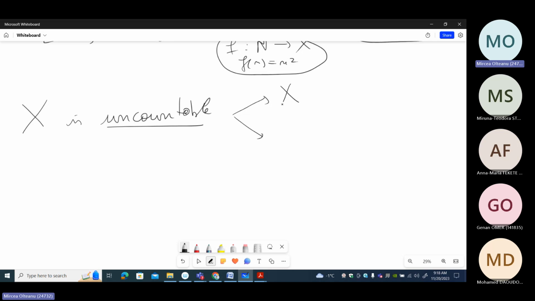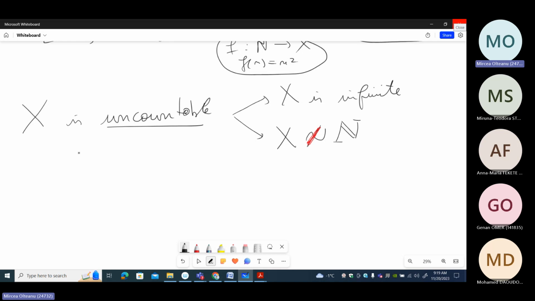First, it is infinite, so it satisfies the definition of being infinite. And second, it is not in a one-to-one correspondence with the set of natural numbers, or with any other countable set.